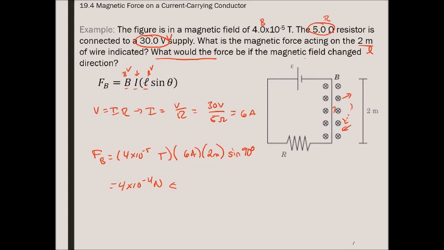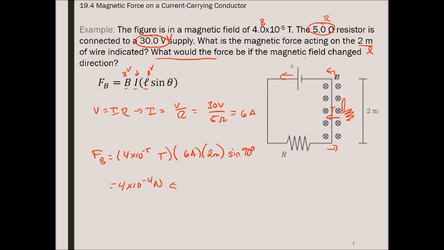Okay, well, we do know from the right-hand rule that if the magnetic field is pointing in and current goes out of the battery from the positive terminal, because remember current is the flow of positive charges, so current is going up, we would point our thumb up and the force would be to the left.